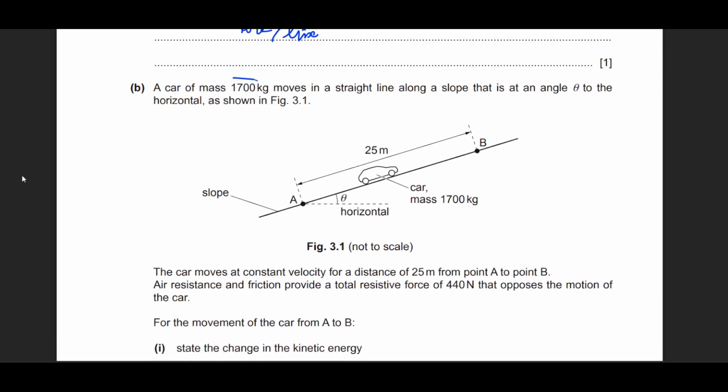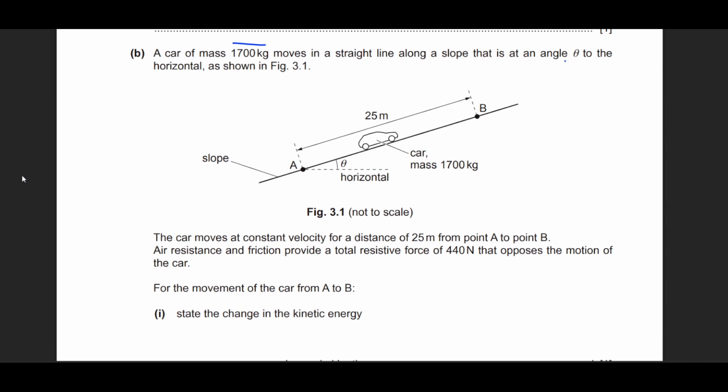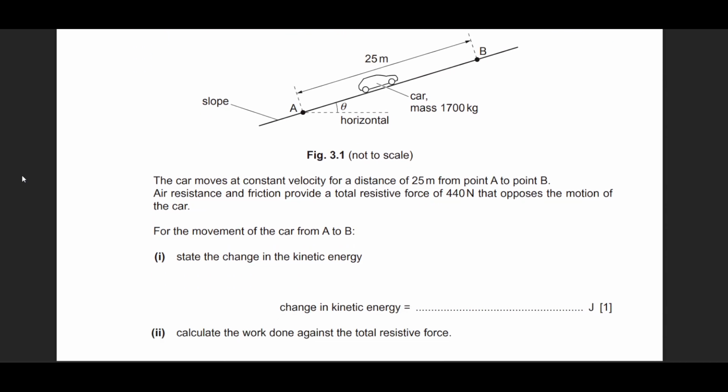The mass of the car is already given to you. There is an angle theta. Okay, fine. Then we have 25 meters of distance being covered, and the resistive force is 440 that opposes the motion.